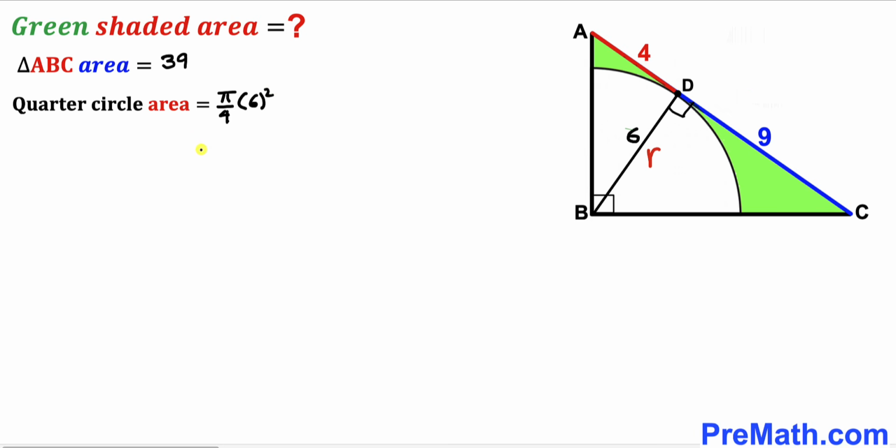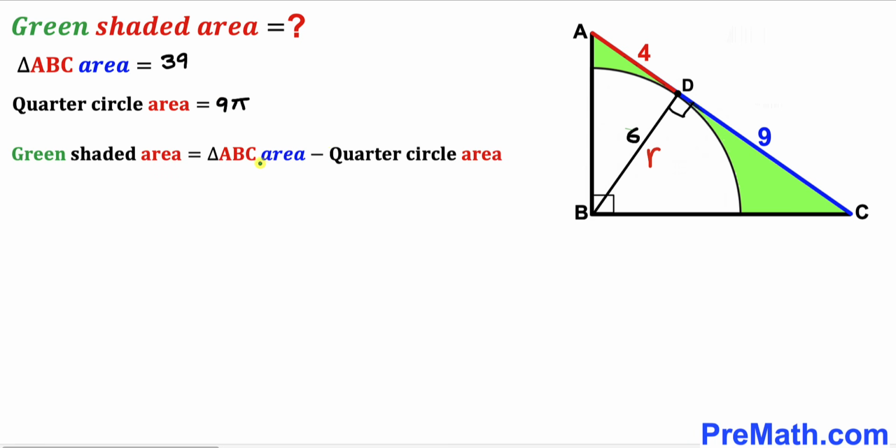Let's simplify: pi divided by 4 times 6 squared, which is 36. If we simplify that, we get 9 pi square units. So the quarter circle area turns out to be 9 pi.